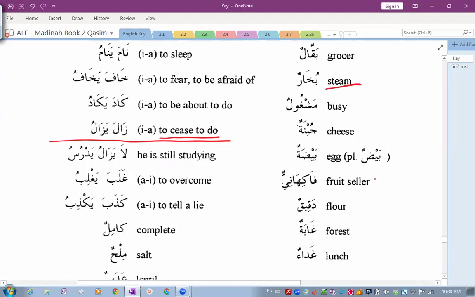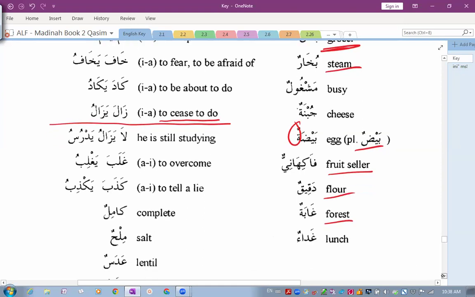Baidatun, egg. Plural is baidun, you remove the ta. Baidun is eggs. Fakihaniyun, fruit seller. So remember, grocer is bakkal and fruit seller is a special word, fakihaniyun. Daqiqun, flour. Ghabatun, forest. Ghadaun is lunch.